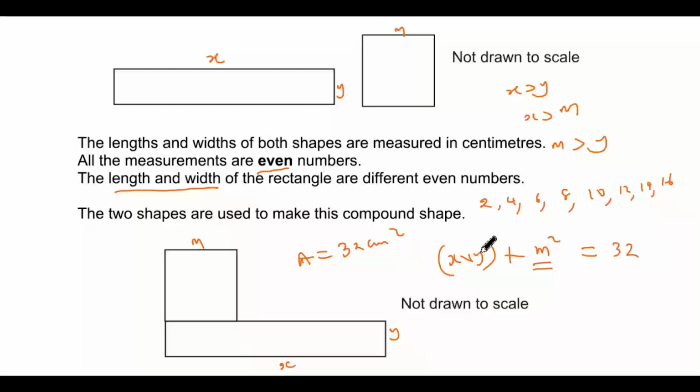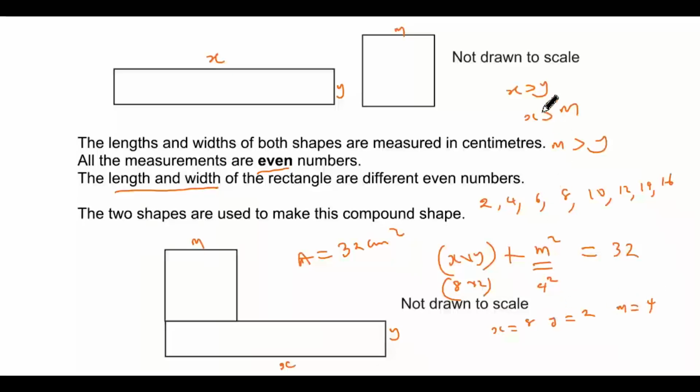To cut it short, if x is equal to 8 and y is equal to 2, we're going to get 16, then we are left with 16, so that means we can get 4 squared here. That means x can be equal to 8, y can be equal to 2, and m will be equal to 4.